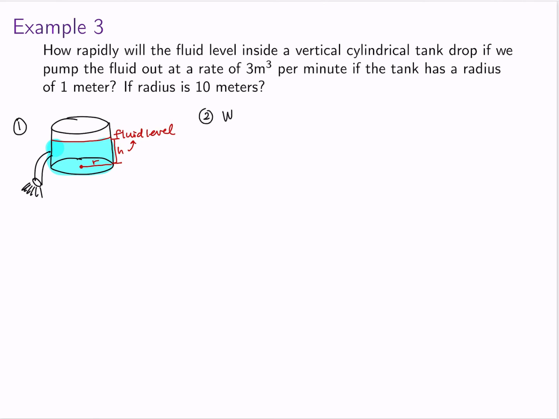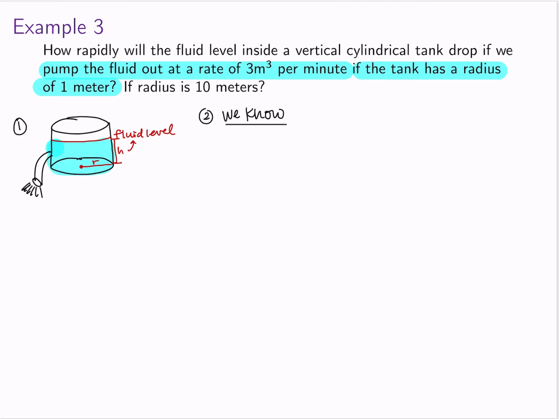Step 2, let's figure out what do we know. If we pump the fluid out at a rate of 3 meters cubed per minute, and we also know that the tank has a radius of 1 meter. And notice that radius doesn't change in this situation. The radius of this tank is always 1 meter.